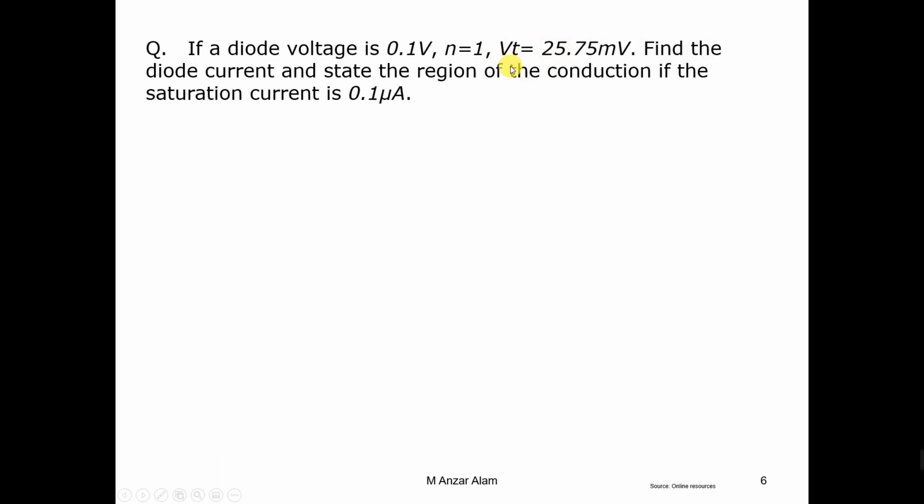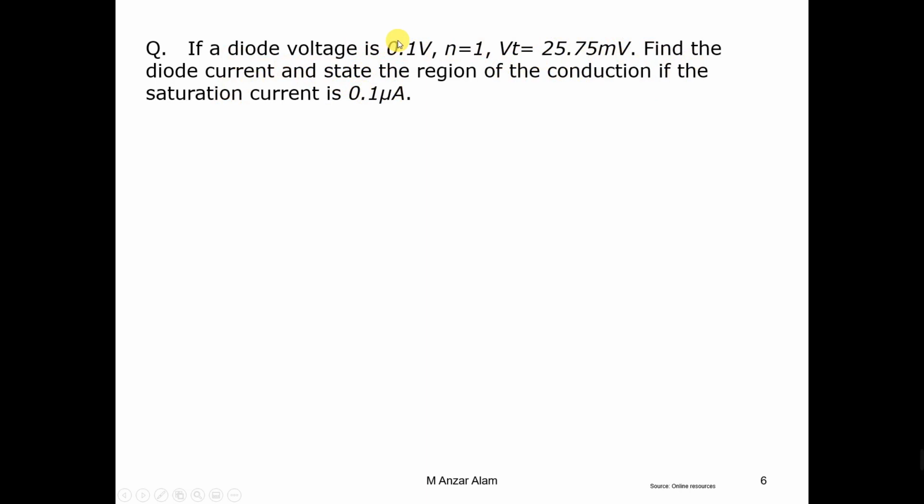It may change, but for the sake of simplicity we take this as a constant value. The diode voltage is given as 0.1 volt. Find the diode current and state the region of conduction if the saturation current is 0.1 microampere.